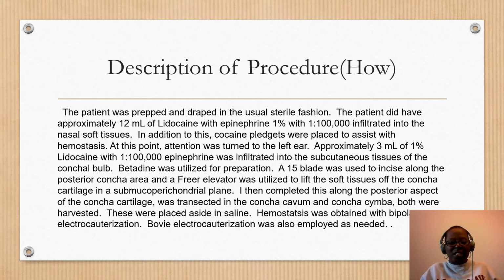And then he lifted the soft tissues off the conchal cartilage in a submucoperichondral plane. So again, it's how he entered that particular area. And then he completed this along the posterior aspect of the conchal cartilage, which was transected in the concha cavum and concha cymba. Again, this is where anatomy and physiology will be very important, because you want to know where the doctor is actually performing the procedure.